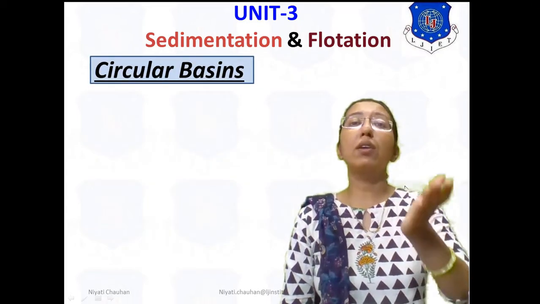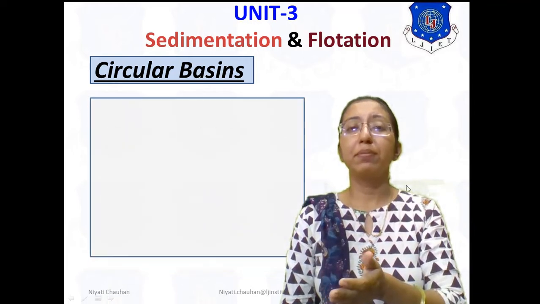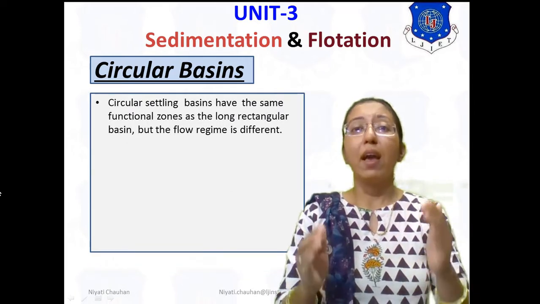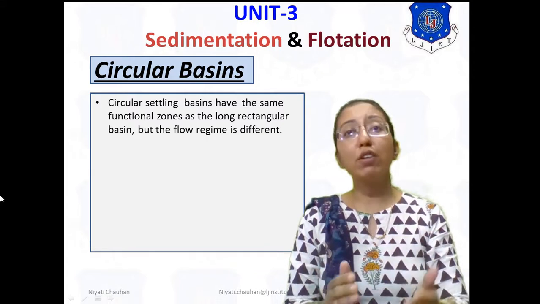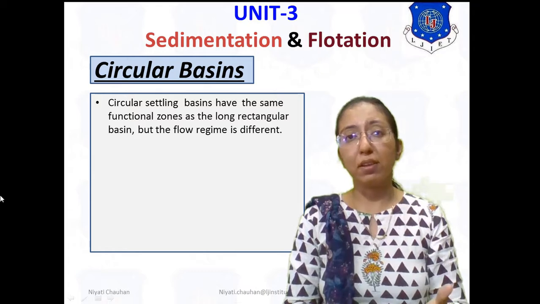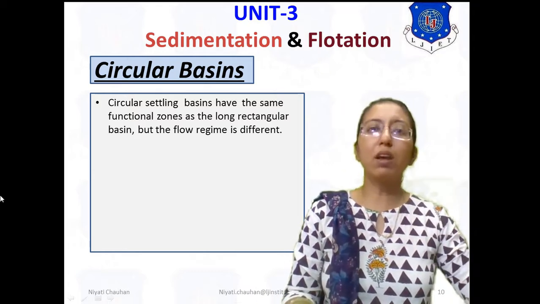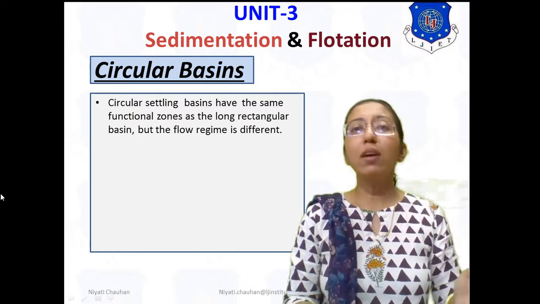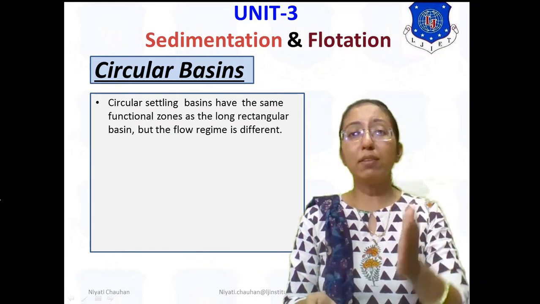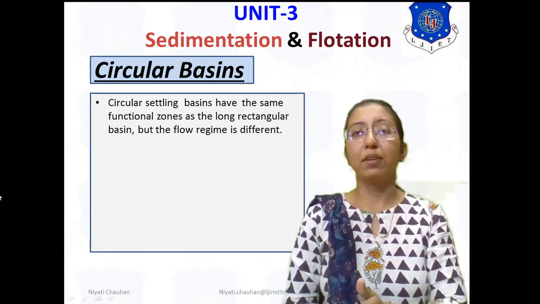Next is circular basins. Circular settling basins have the same functional zones as the long rectangular basin, which we have already discussed, but the flow regime is different.